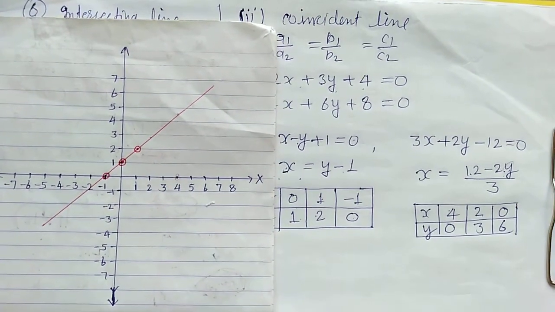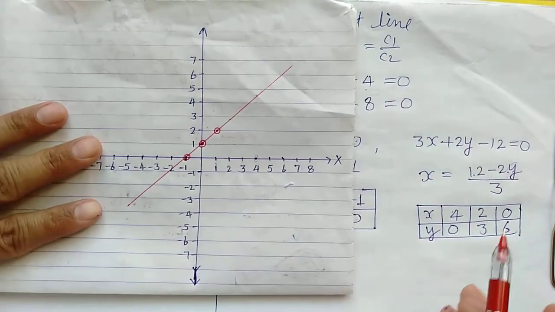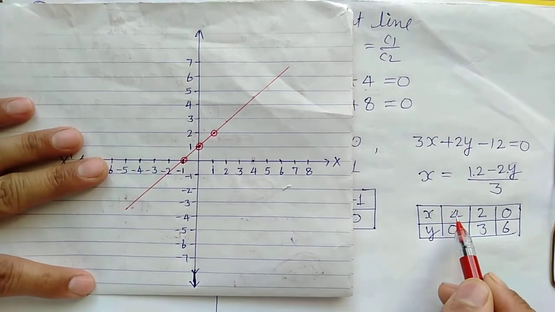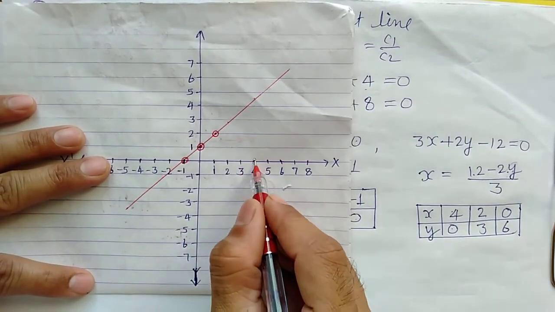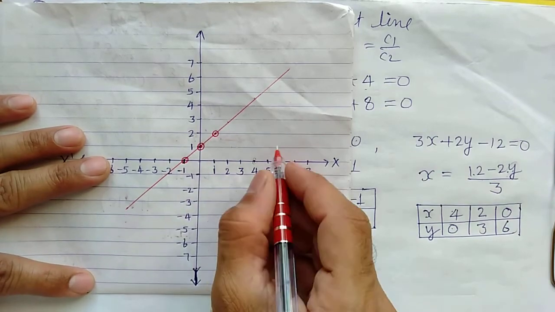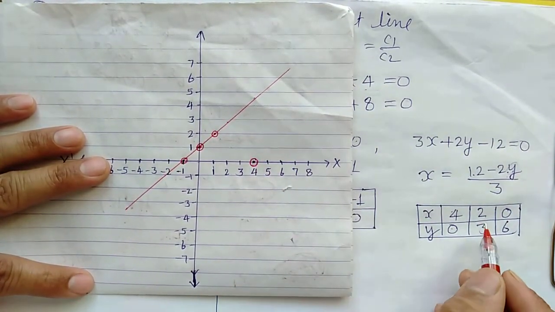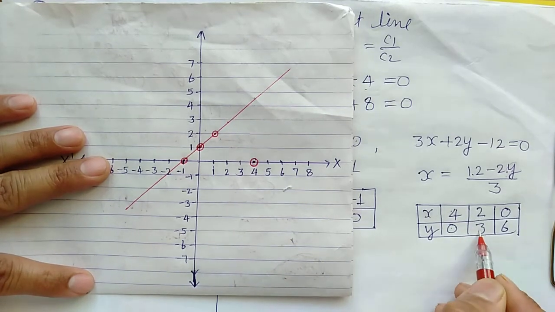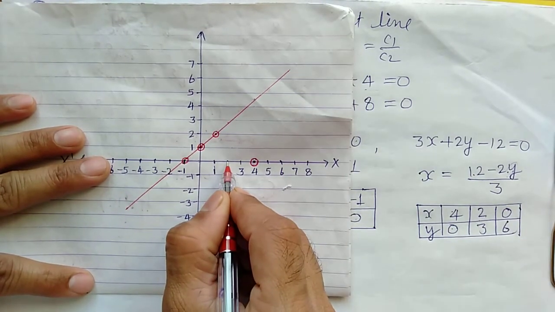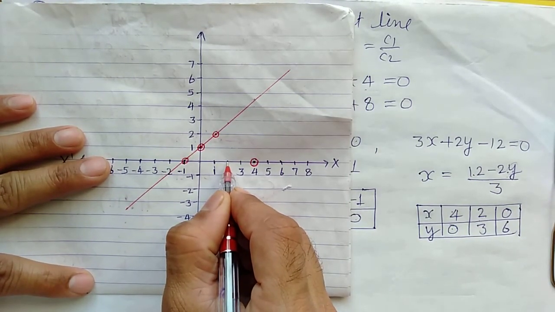For the second equation, the first point is x is 4 and y is 0. It means this point will come here. The second point is 2 and 3. This is 2 and y is 3.